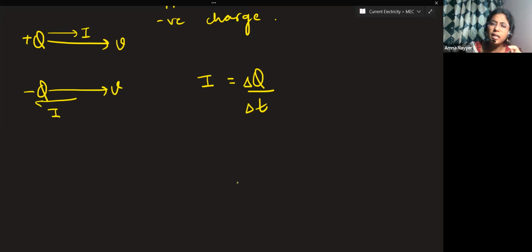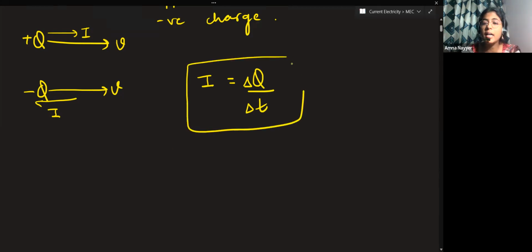Am I getting current at a particular point? No, I'm getting current for a specific interval, 0 to 5 seconds, 10 to 12 seconds, any time interval. It means I am getting the average current.